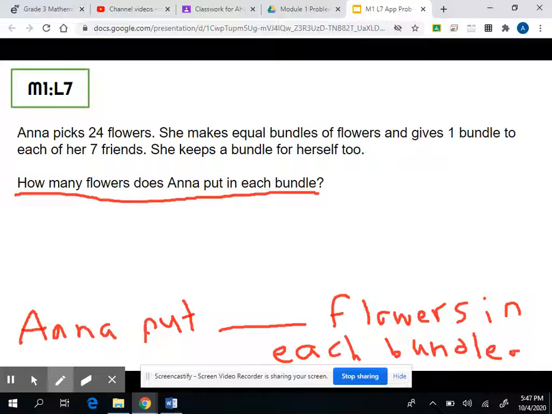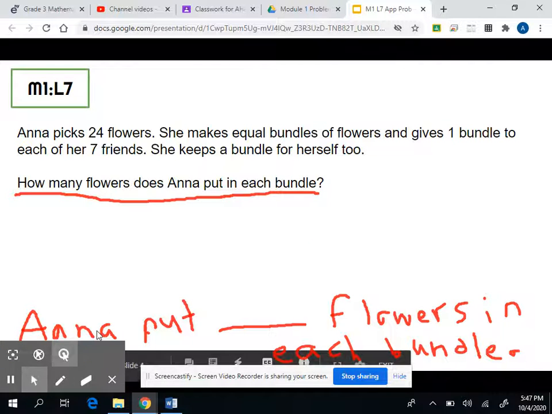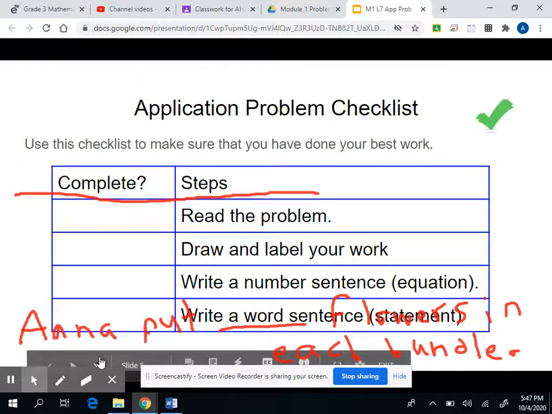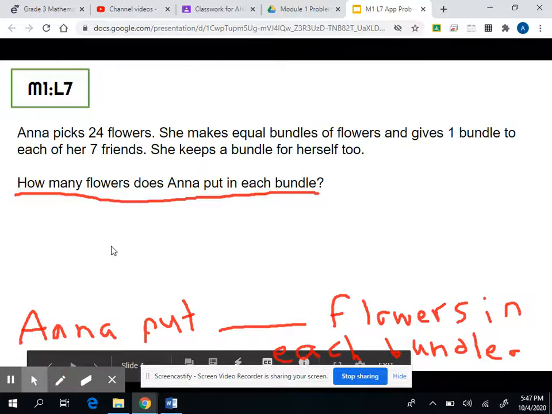Now you're going to do your very best work on your own. And like we said earlier, you will know you've done your best work when all 4 steps are checked off. Okay?